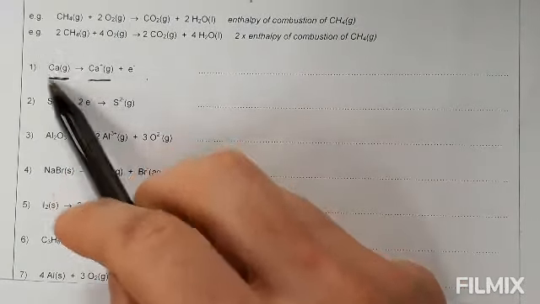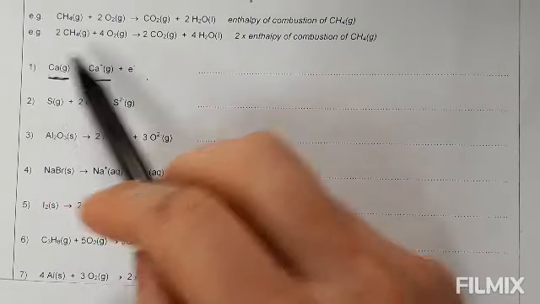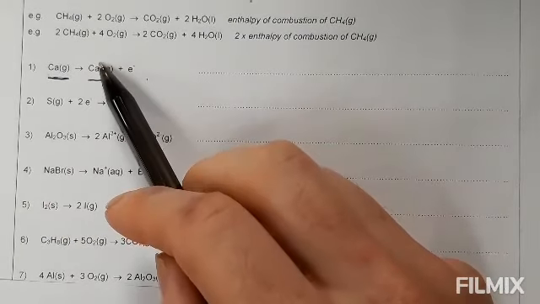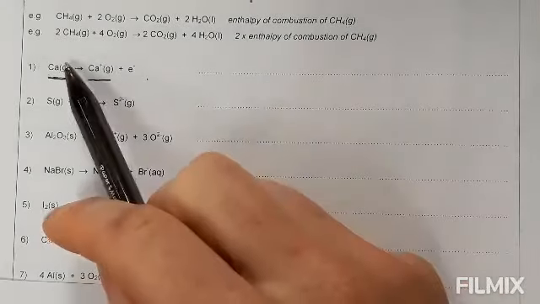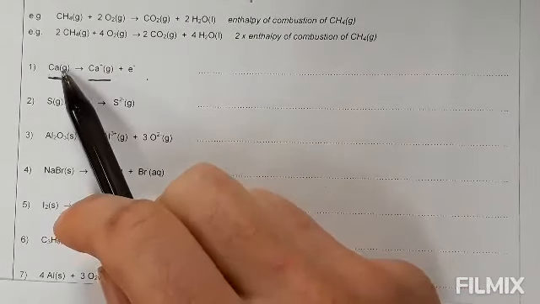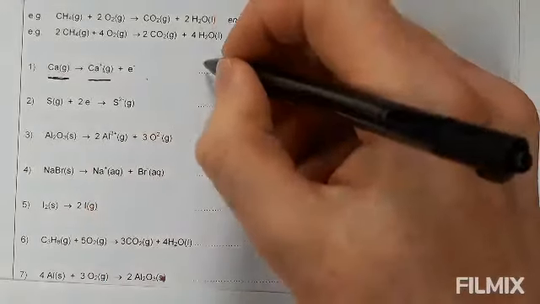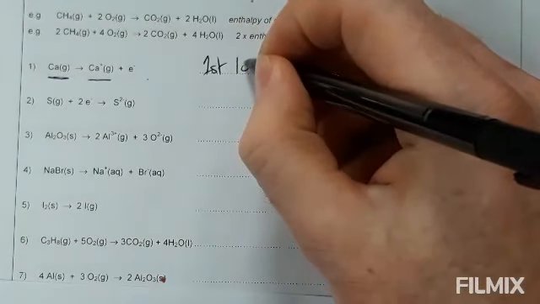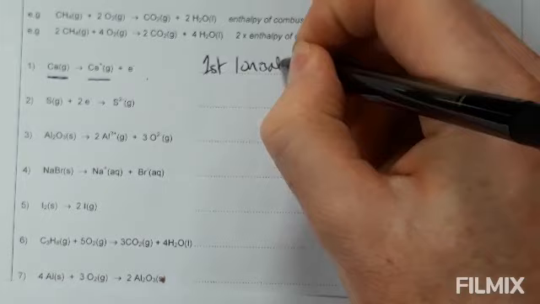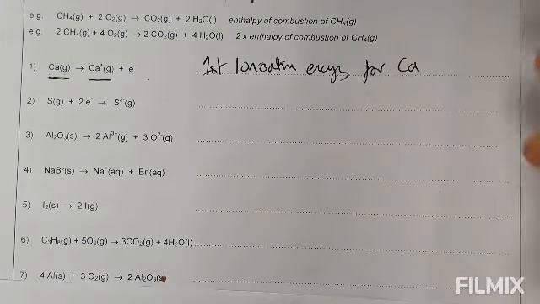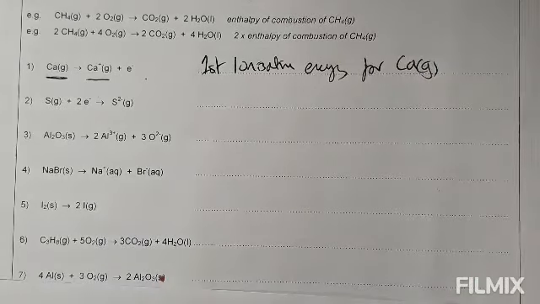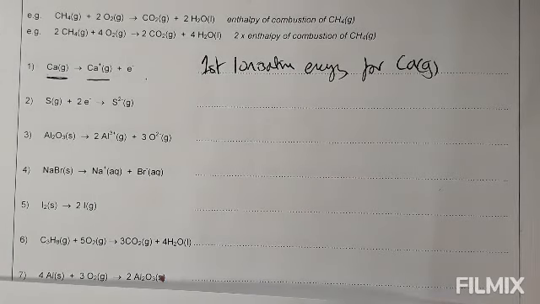So it looks like I've got gaseous calcium atoms losing electrons to form 1+. That sounds to me very much like ionization. Everything's in the gaseous state. This is the first ionization energy for calcium. And I might put the gas there, but it's first ionization for calcium.